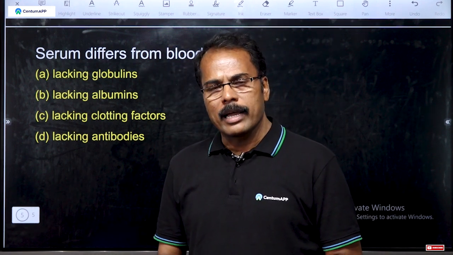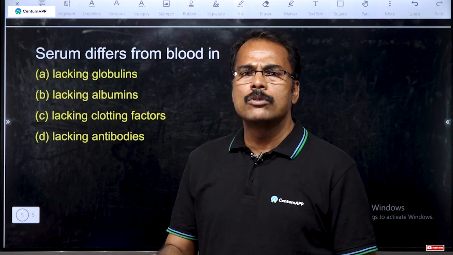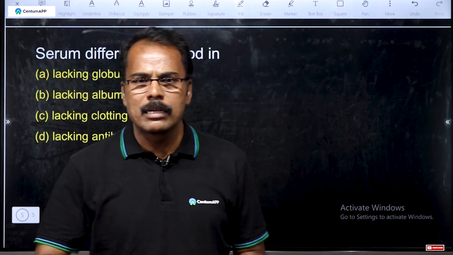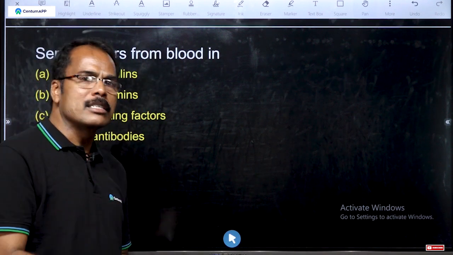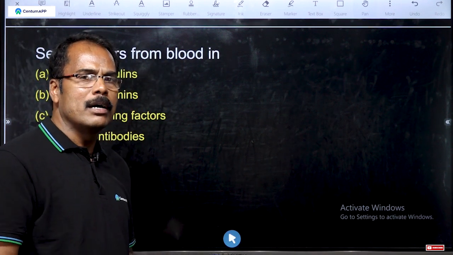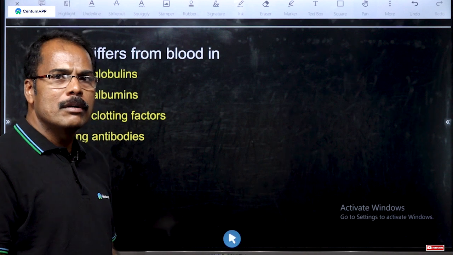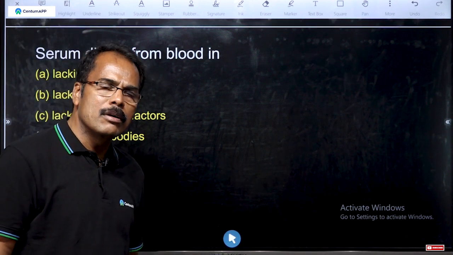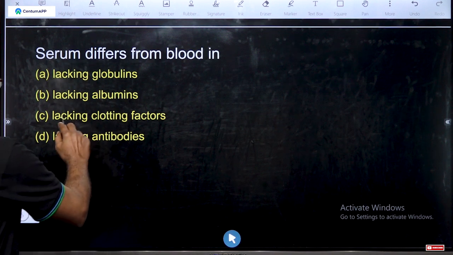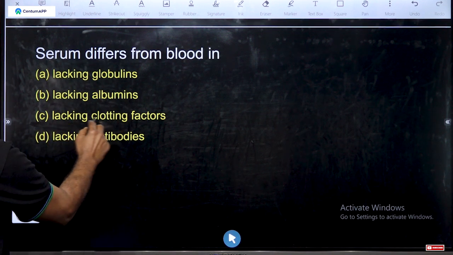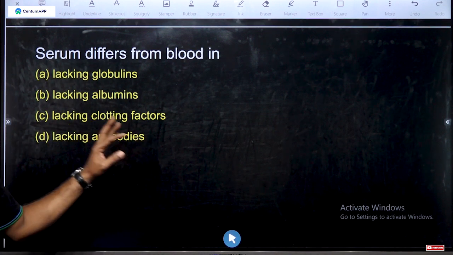After blood clotting, the serum oozes out, that is the plasma without proteins and without clotting factors. So, the answer is lacking clotting factors mainly.